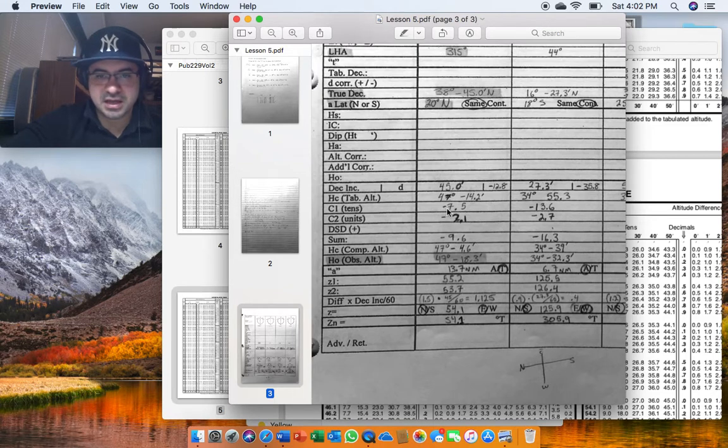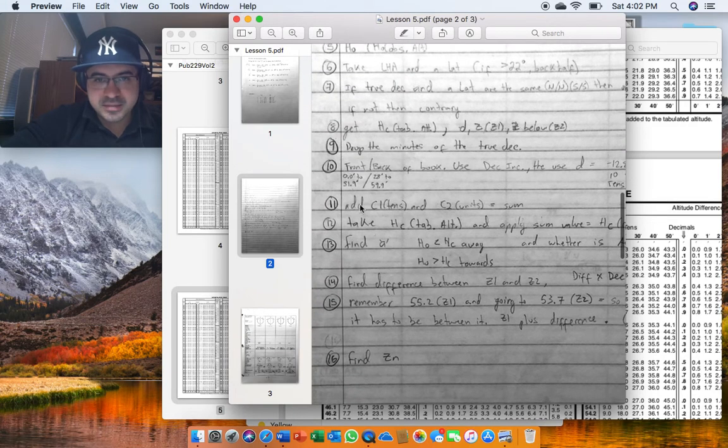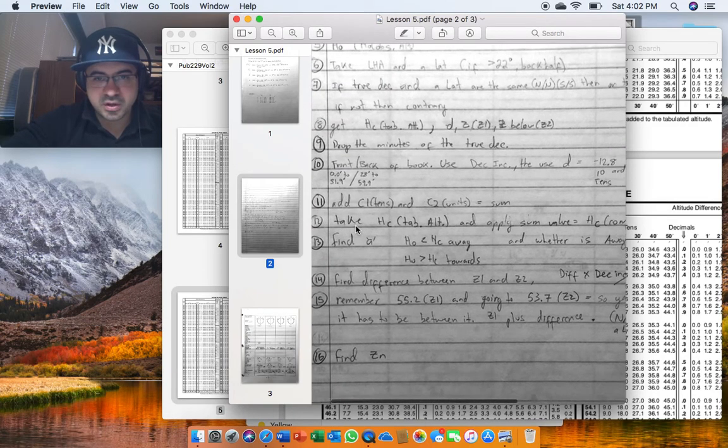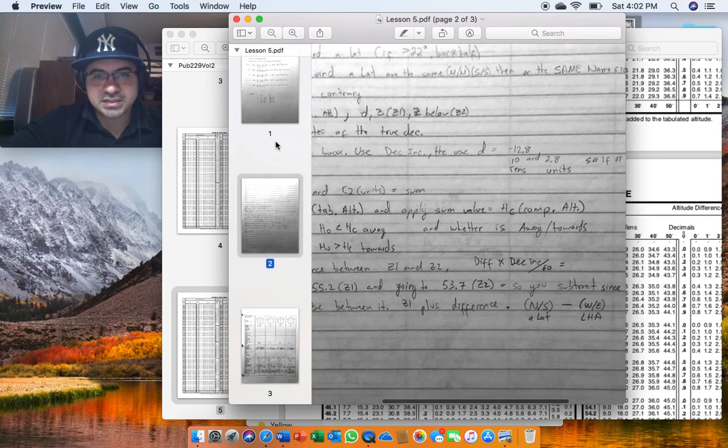So now that's that. Now we're gonna go to the following step, which is add the tens and the units. We're not using this, and this is the sum. So if you add both of them, we get this, right? And that was step 11. Step 12 says take the C tabulated altitude and apply the sum.